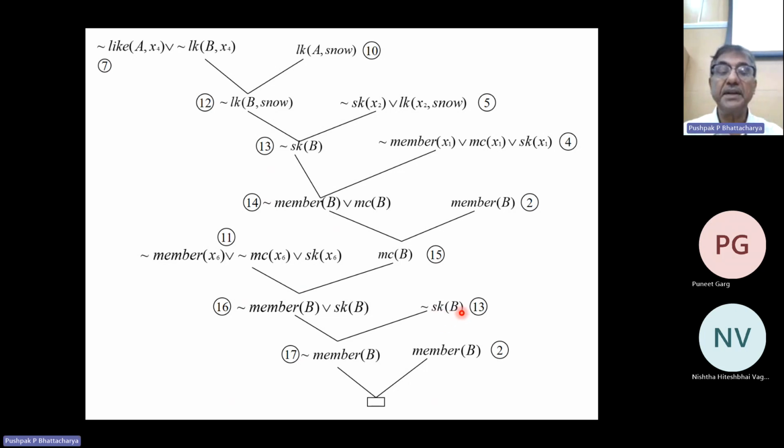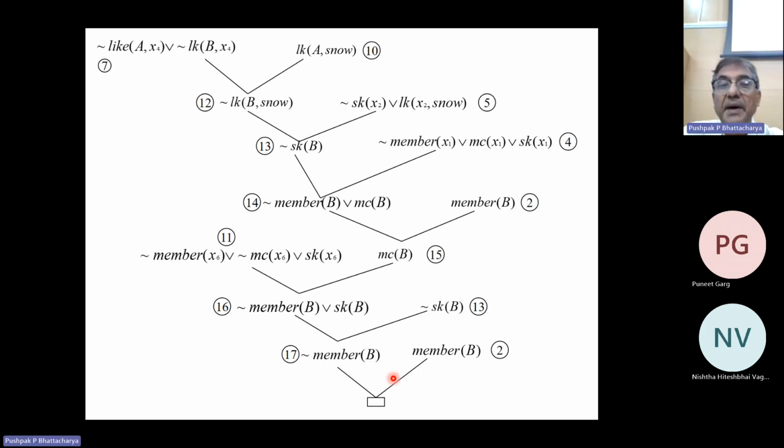So not SK B is taken and resolved with not member B or SK B. SK B and not SK B drop, giving the resolvent as not member B. But B is already asserted to be a member, so not member B and member B get resolved to the null clause. It's a contradiction.